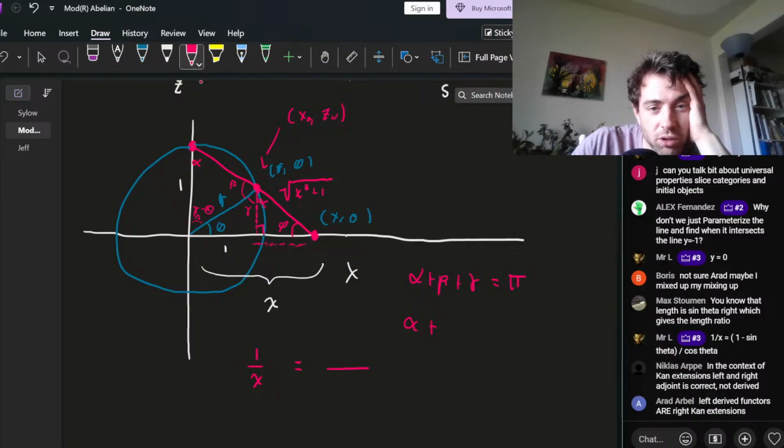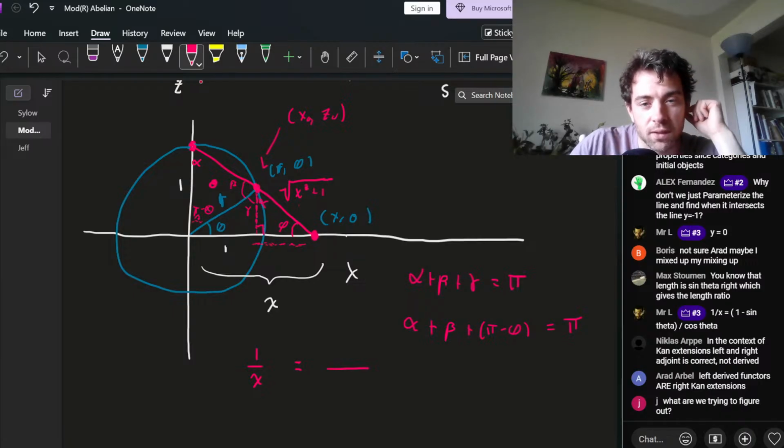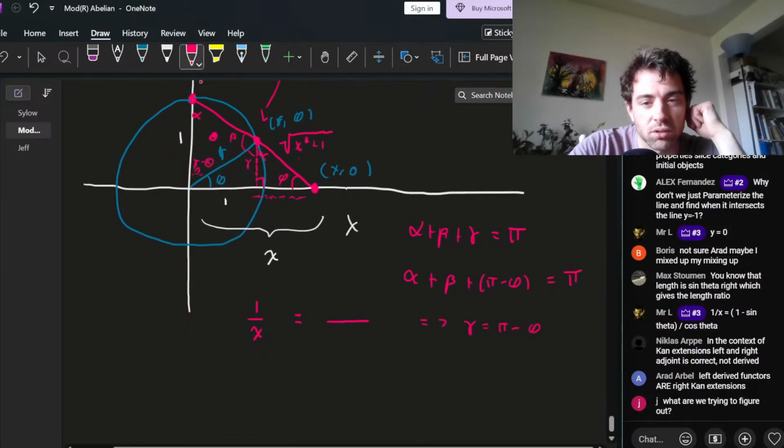We also know that alpha plus beta plus pi minus theta, those are the angles of this triangle, so that needs to add up to pi, and that would imply that gamma is pi minus theta. I guess we knew that already.